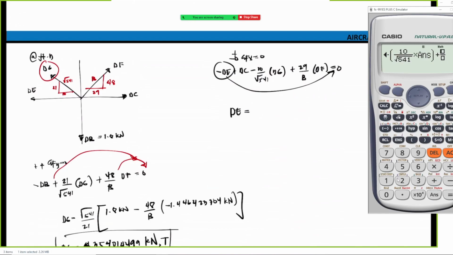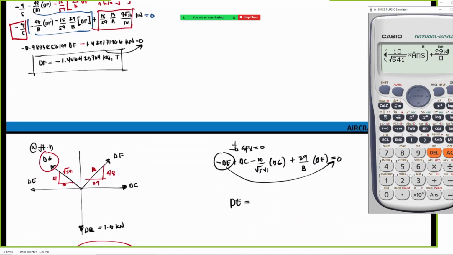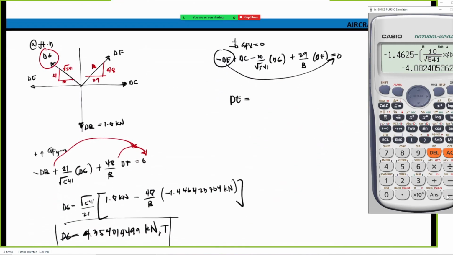Plus, okay, 29 times the value of DF, negative 1.446423704 over square root of B. Okay, that is negative 4.082405362 kilonewton tension.